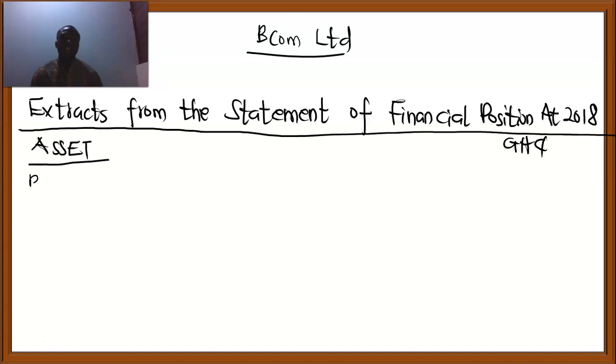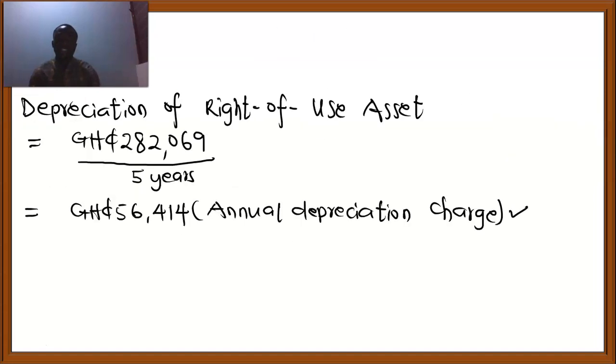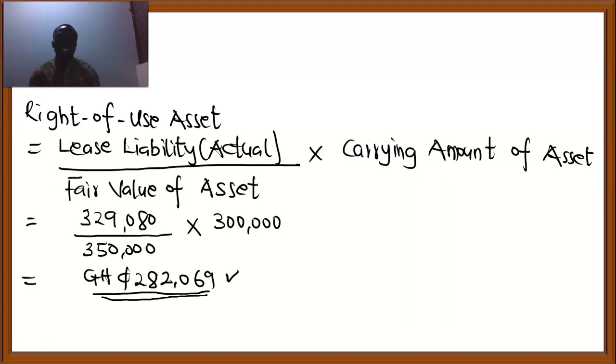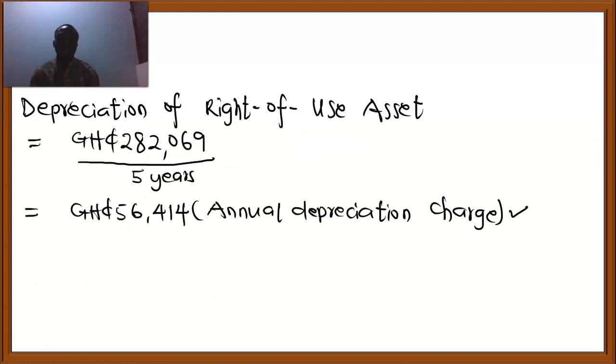Under assets, we have the right of use assets. In our workings, we realize that the right of use asset has a cost of 282,069. And then the depreciation charge in respect of the right of use asset is 56,414.